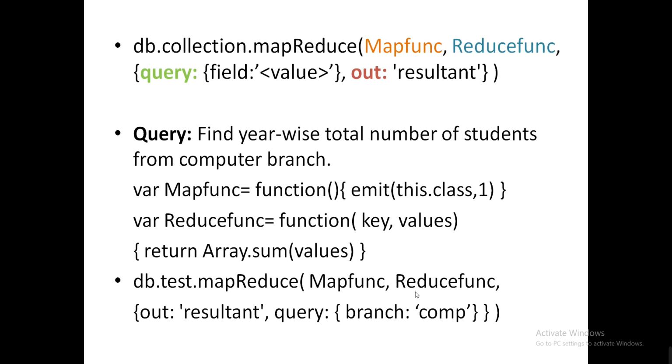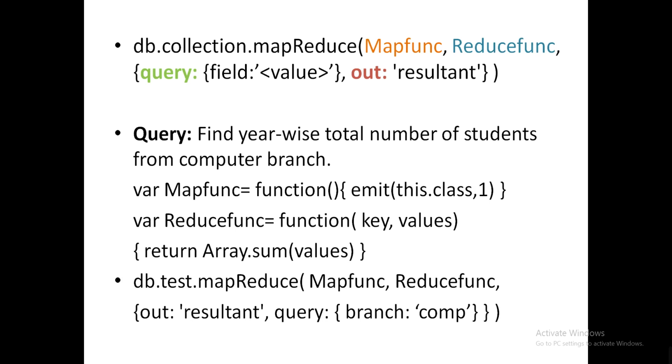So we specifically wanted to calculate the year-wise total of students for the computer branch. So here we have applied a filter: for every document it will be checked that if the branch is comp, only then that document will be considered for applying the MapReduce function.